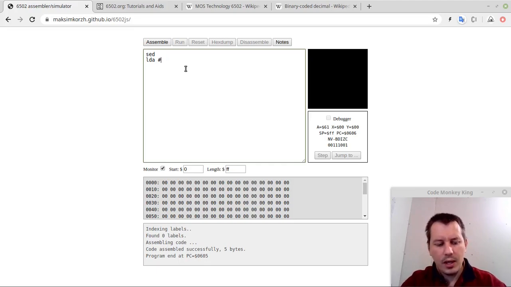So let's say we have 8 here, and we want to add with carry 0, 1. So now we clear the decimal flag, assemble and run, and we have the value of 9. And even if we set the decimal flag, we still have 9, right?